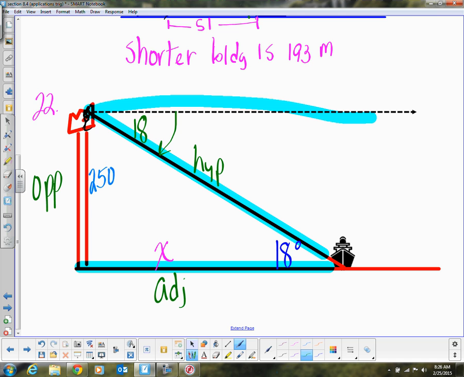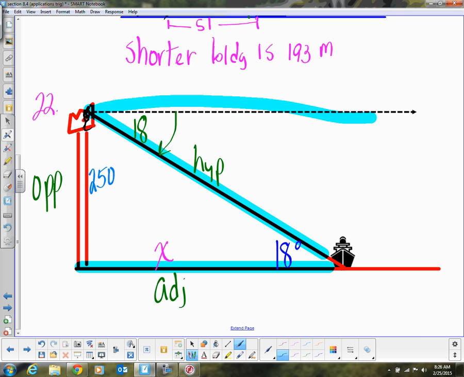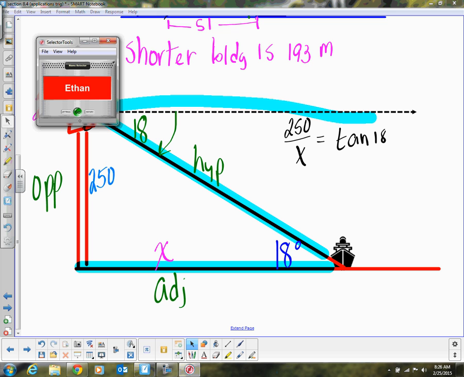So with that, it is all with respect to 18, because it changes from the top angle. All right, Ethan, now you can give us the trig function. What's our trig function? 250 over x equals tan 18. Okay, it is a tan function. All right, from here we must solve this. How do I solve this trig equation? Lucas?